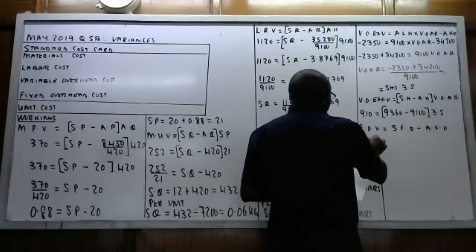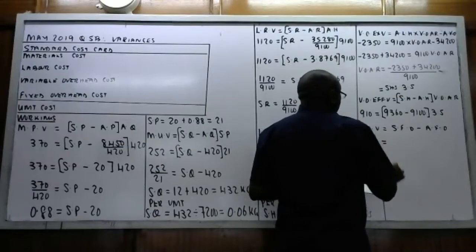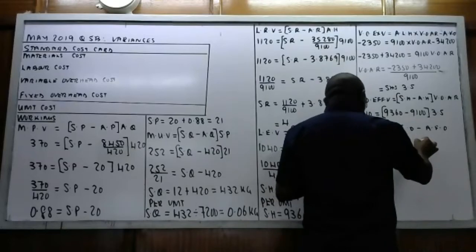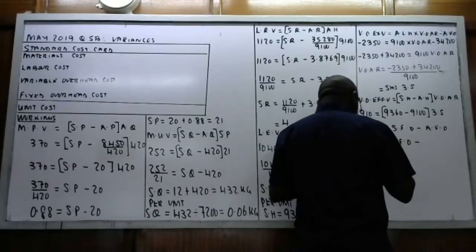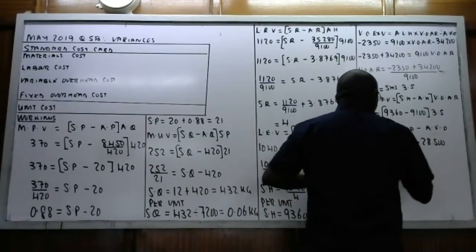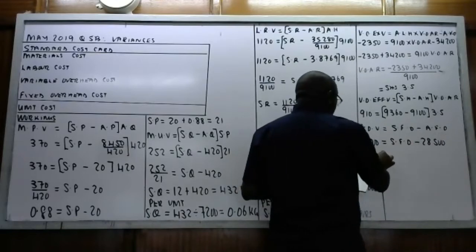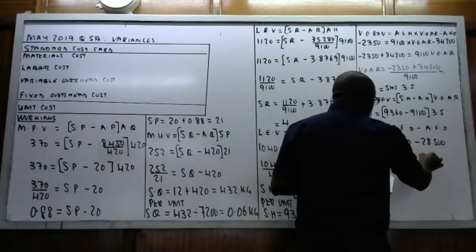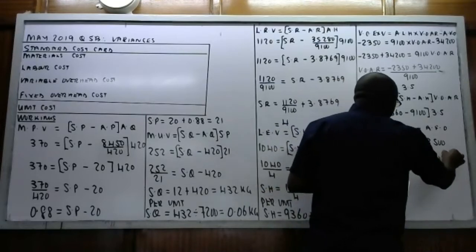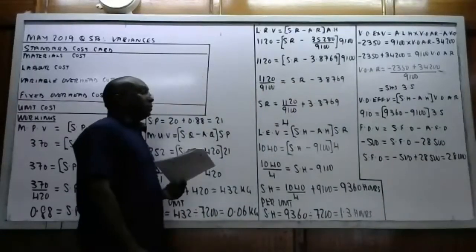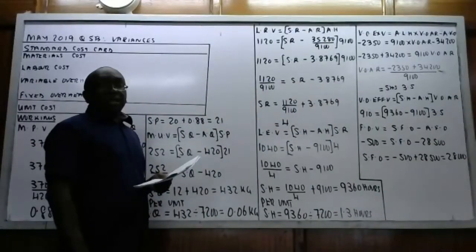So we have minus 500 being equal to standard fixed overheads minus actual, the actual is 28,500. So standard fixed overheads should then be minus 500 plus 28,500. That is 28,000.